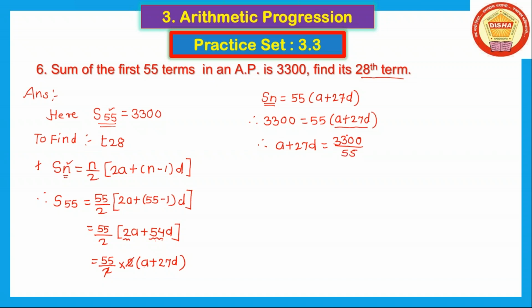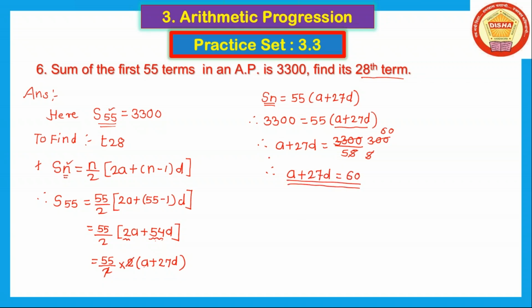Then we divide these both numbers by 11, because in that 33 is present in the table of 11 and also 55 is there. So we divide by 11, that is 11 3 za 33, means answer is 300, and 11 5 za 55, means 5. Again we divide this 300 by 5, it is equal to 60. Means we find here a plus 27d is equal to 60.